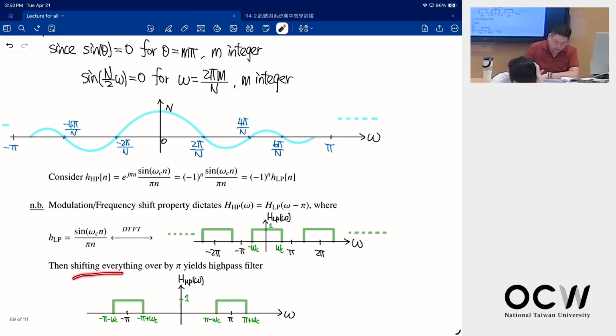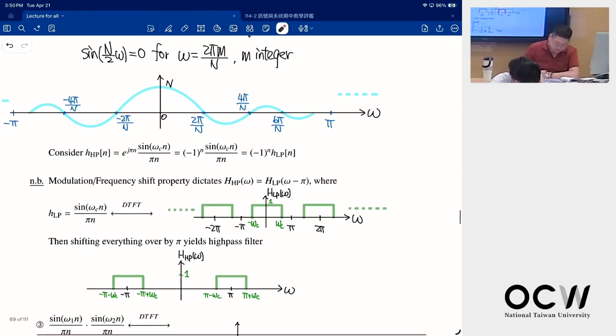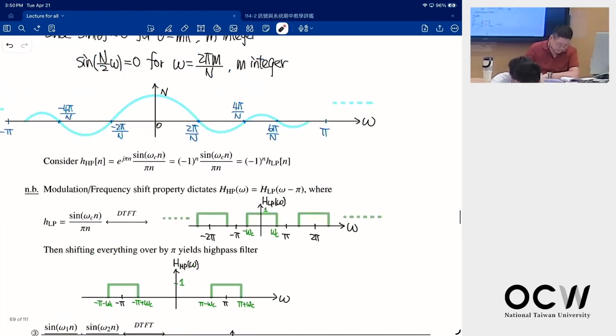And if I shift by pi to here, it becomes a high pass filter.